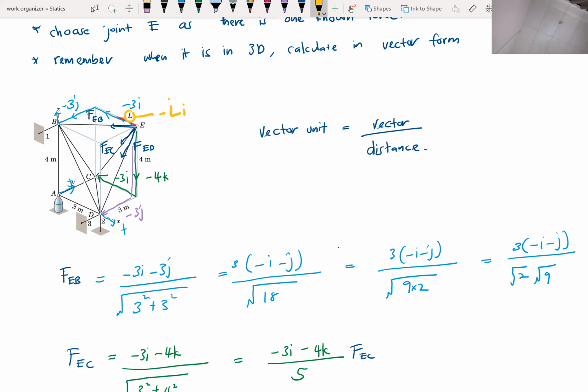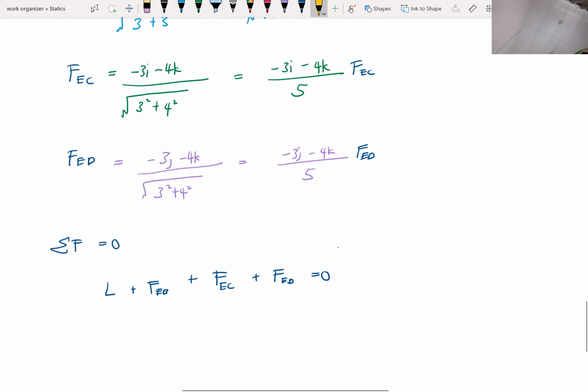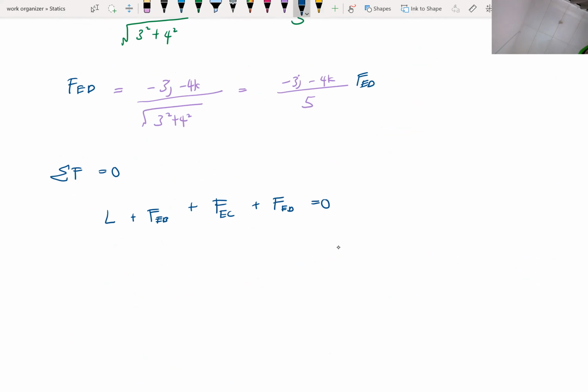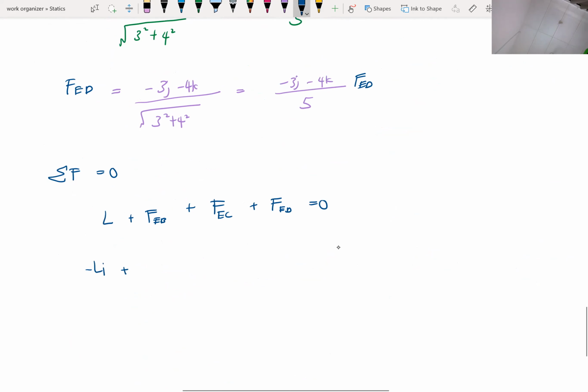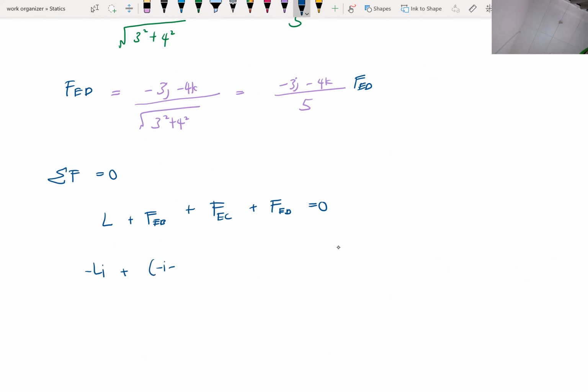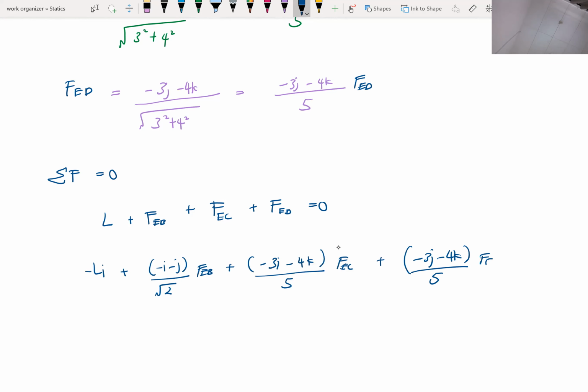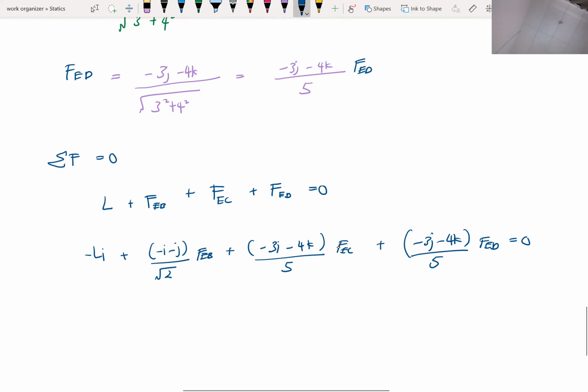Negative Li plus FEB times negative i negative j over square root 2, plus FEC times negative 3i minus 4k over 5, plus FED times negative 3j minus 4k over 5 equal to 0.